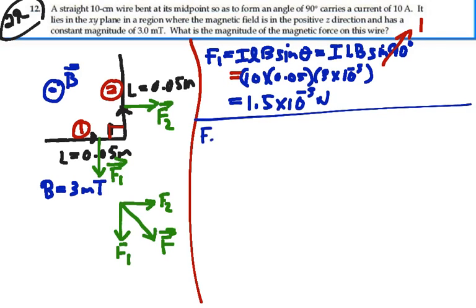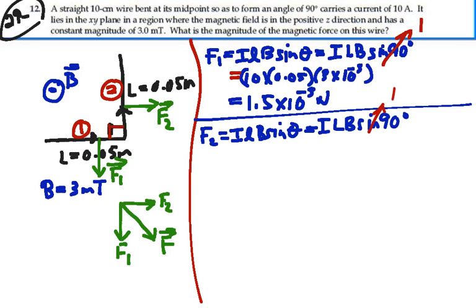If we look at F2, that's going to be I L B sine theta. Also I L B sine 90. And again, sine of 90 is 1. And these are all the same values.